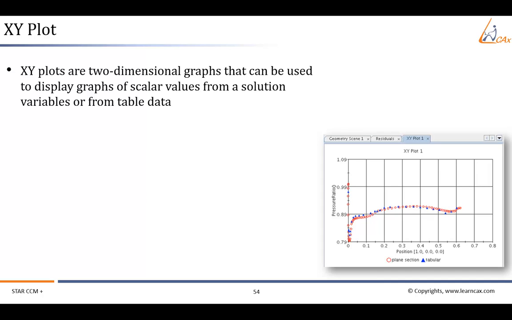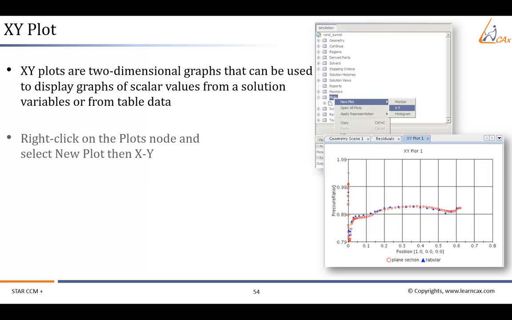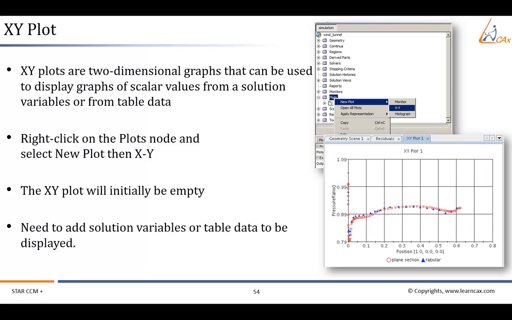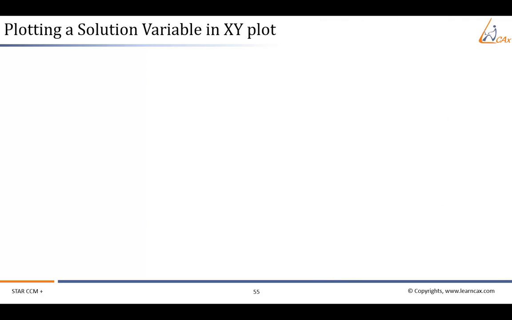To create a new XY plot, right-click on the Plots node and select New Plot, then XY. The XY plot will initially be empty, so you will need to add solution variables or table data to be displayed. Let us see the XY plot creation process in detail.